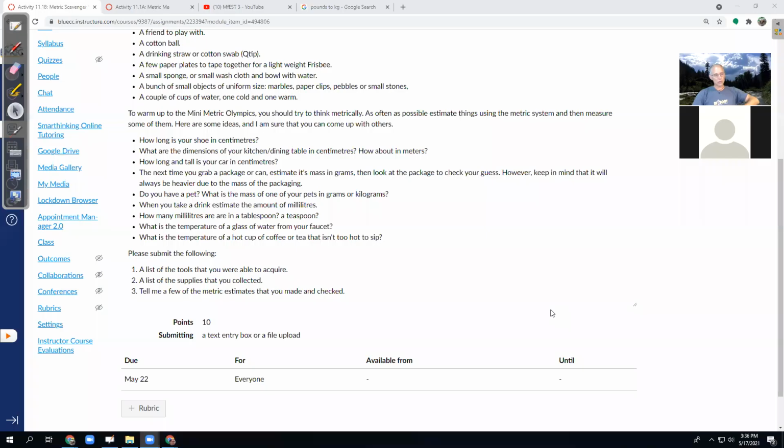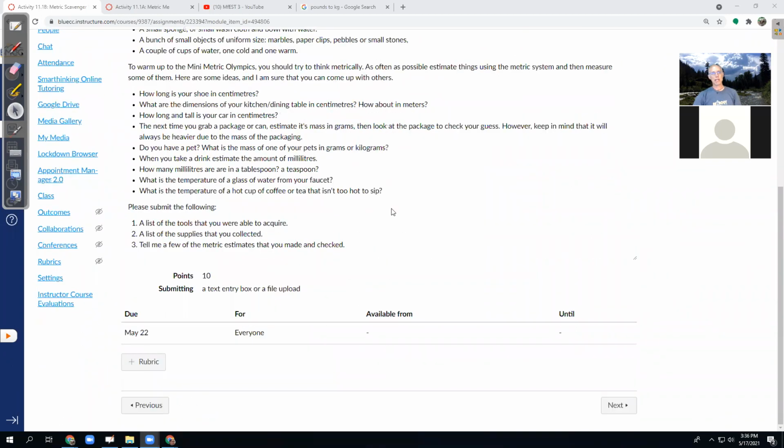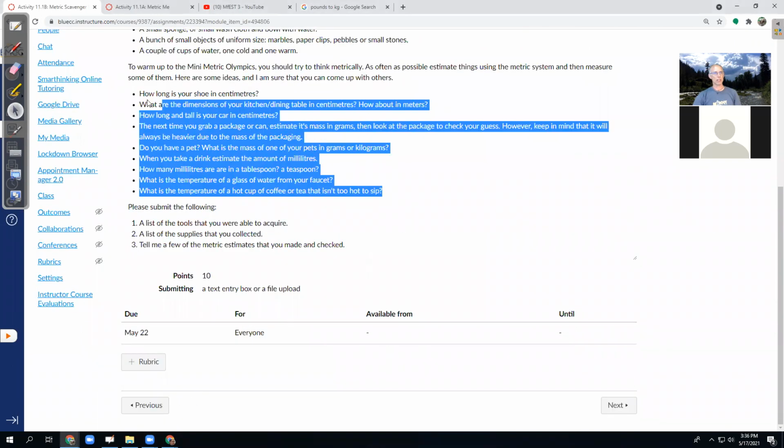And then after you've done the reading, the metric scavenger hunt and then made some estimates, here I have some things you could estimate, but you could come up with your own things to measure. And again, think about length, think about volume, like milliliters, think about temperature, okay?